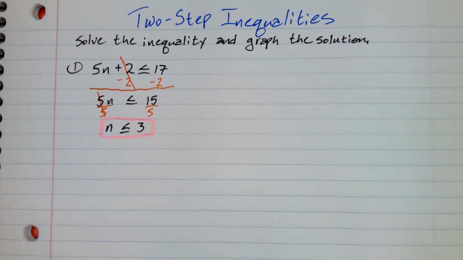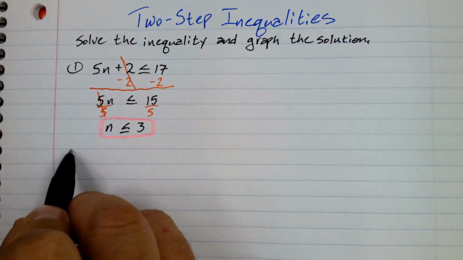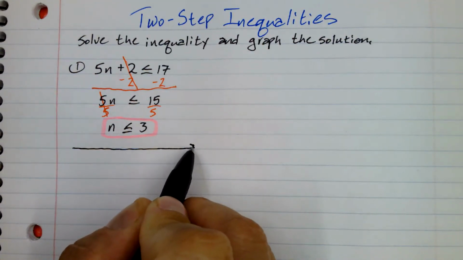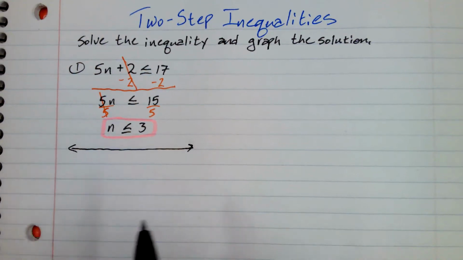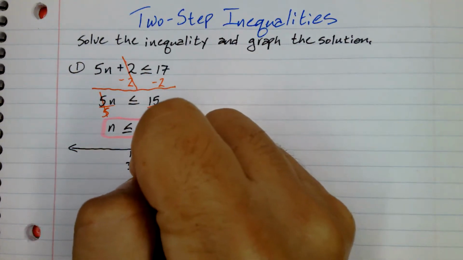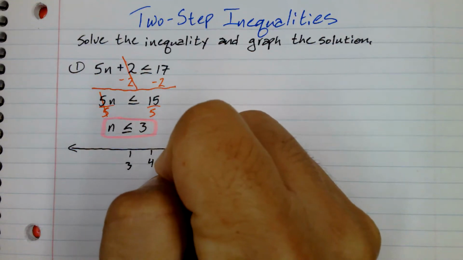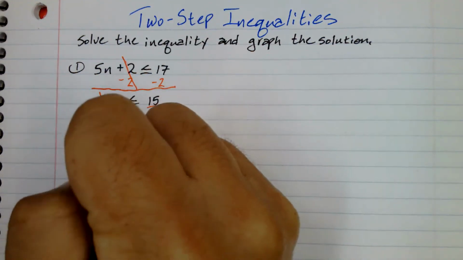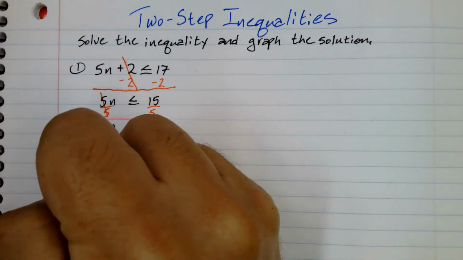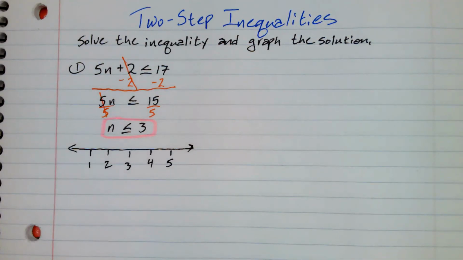So now we want to show where the answers are. I'll put 3, that's kind of the start of the show. We're going to make a number line graph for this.